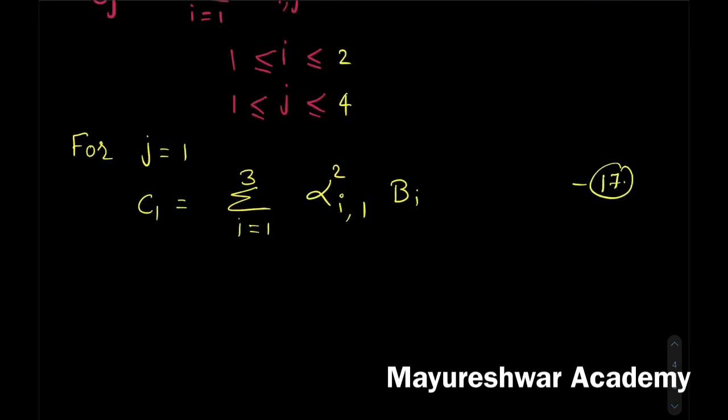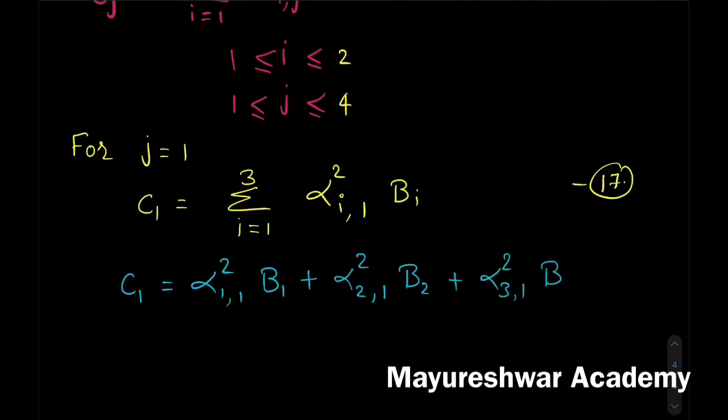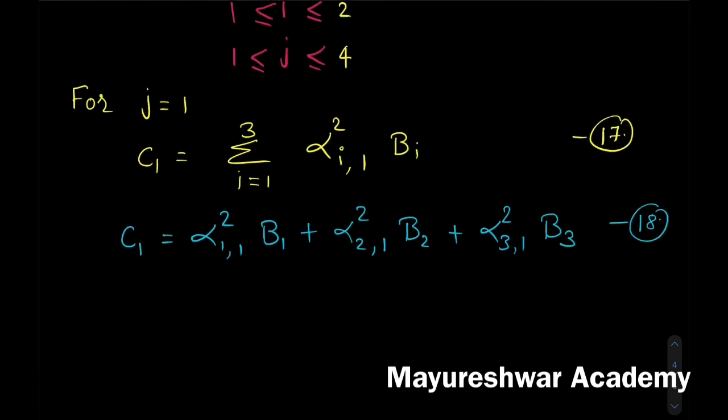So now c1 will be equal to alpha 1 comma 1 b1 plus alpha 2 comma 1 b2 plus alpha 3 comma 1 b3. So let us call this as equation 18.